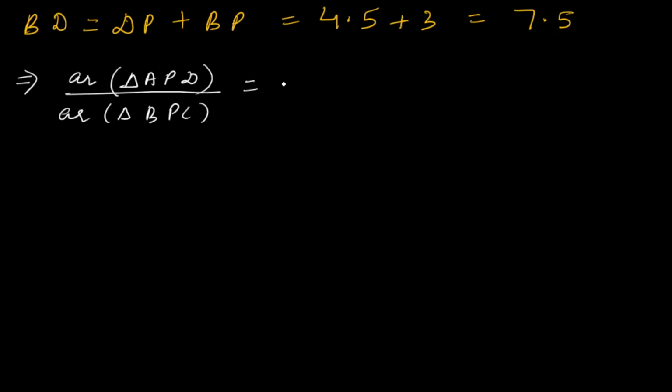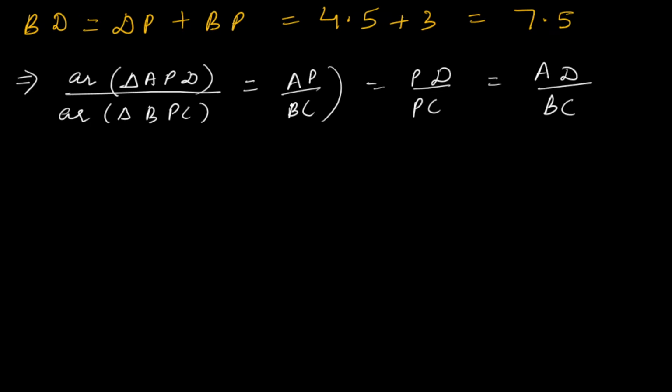The ratio of their corresponding sides we already wrote, same thing I am writing: AP by BP, PD by PC is equal to AD by BC. So their squares.